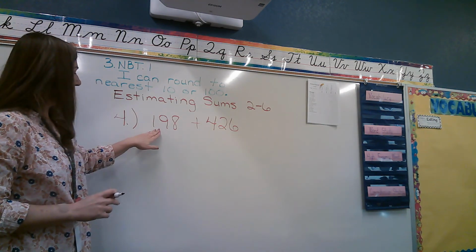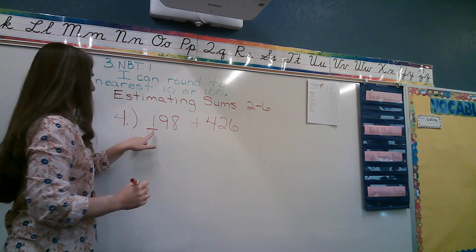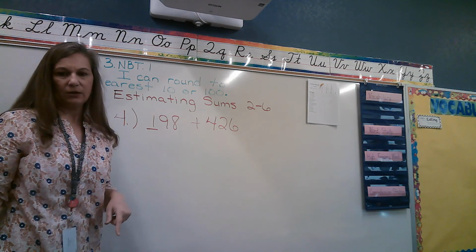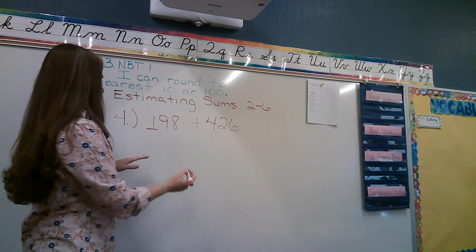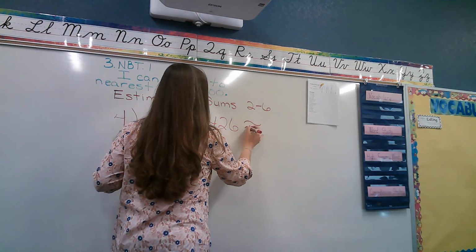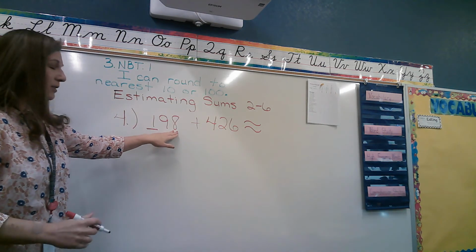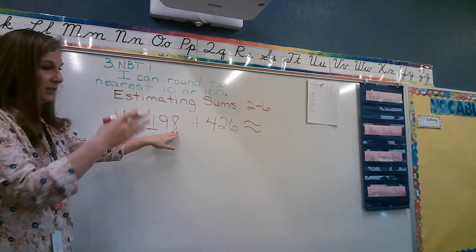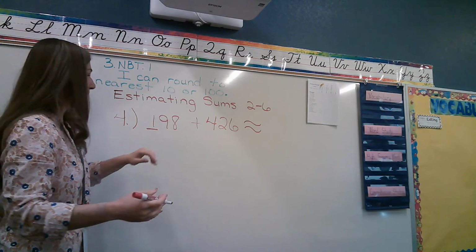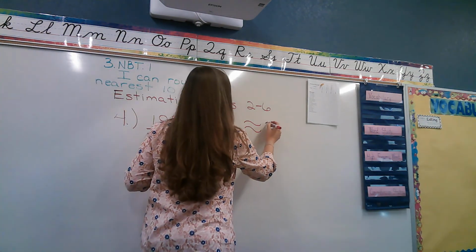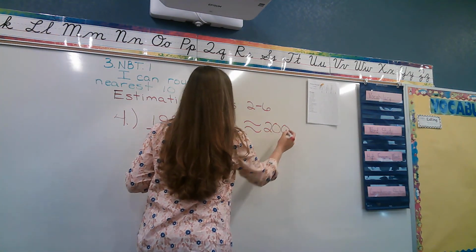So 198 is going to be between 100 and the next 100, which would be 200, right? And 98 is pretty close to that next 100 because it's past 50. It's definitely past 50. So it's going to round to 200.